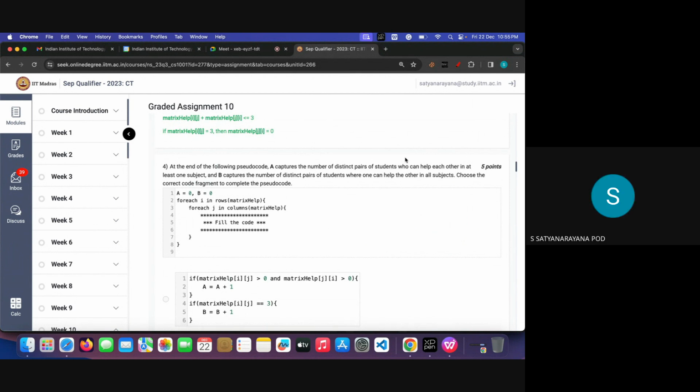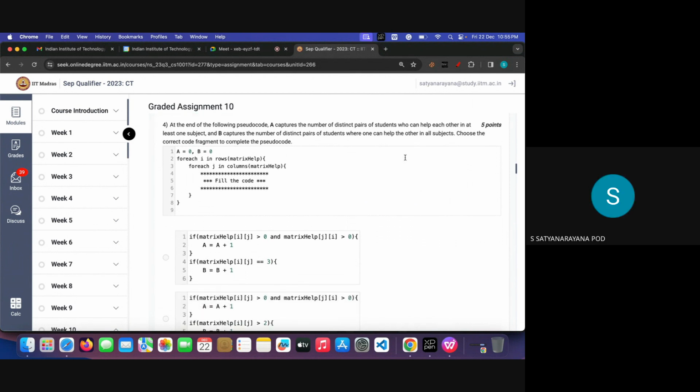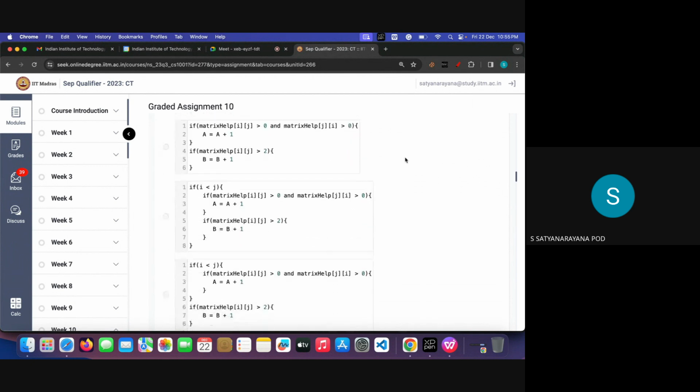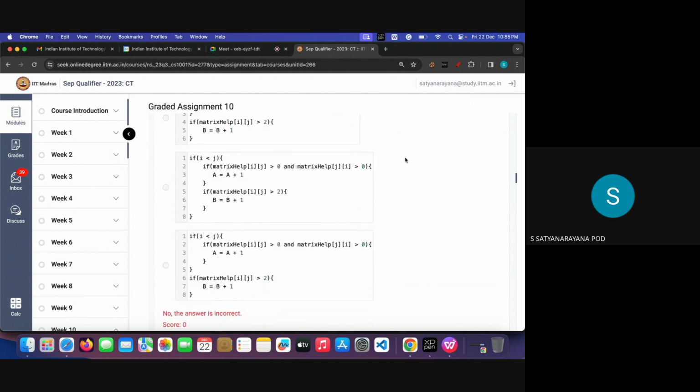Distinct pair means I and j should not be the same. I and I is not compared, I and j is compared, j and I is compared. So when I and j should not be the same, they are supposed to check I not equal to j, no? Why should I check that I is less than j? That's what I'm worried about.